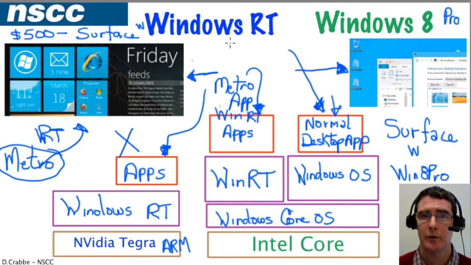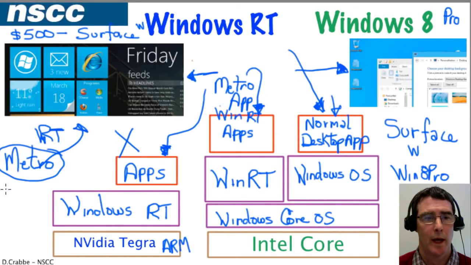So applications, I'm actually not sure if the Metro apps here will run on Windows Phone 8 or if they need their own apps. When you go to buy apps, you can buy apps from the Windows Store. You'll notice that apps have a new designation.